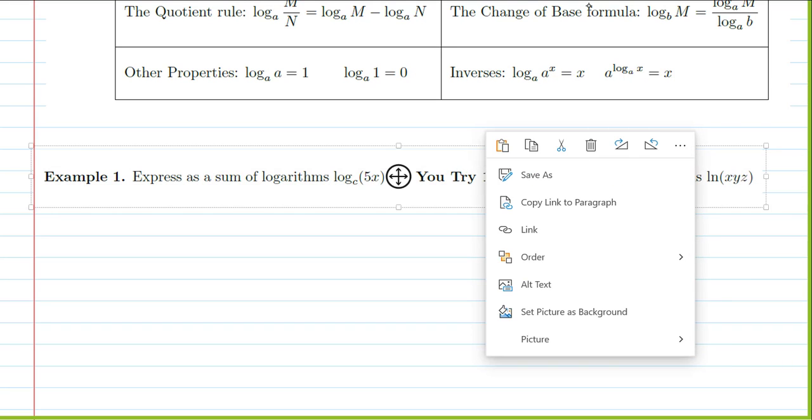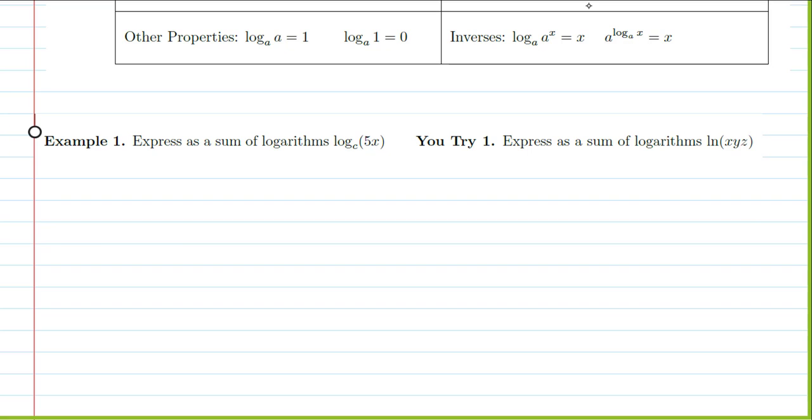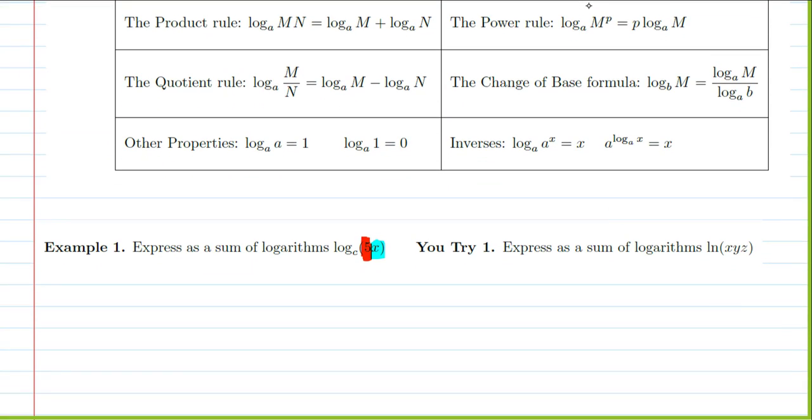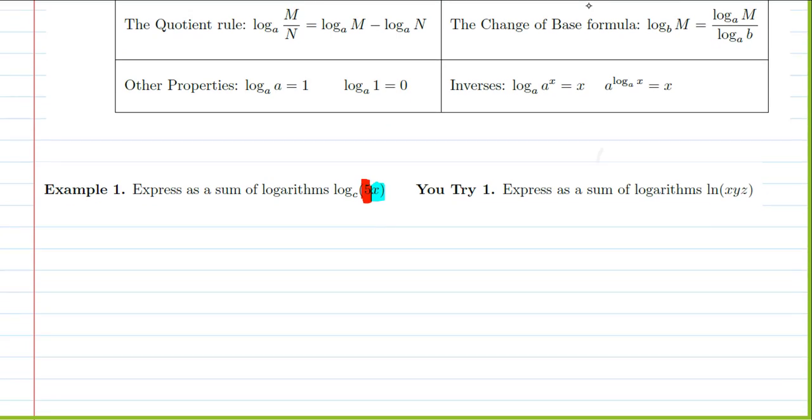All right, so we want to express log base c of 5x as a sum of logarithms. Well, we have two factors inside of our logarithm. So then by our product rule, the 5 is going to be our m, and the x is going to be our n, and multiplication turns into addition.